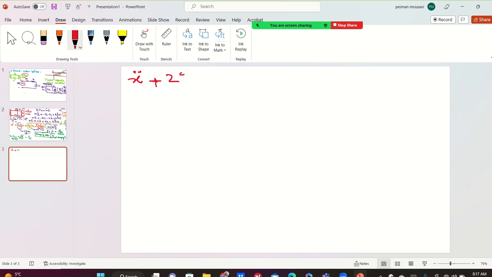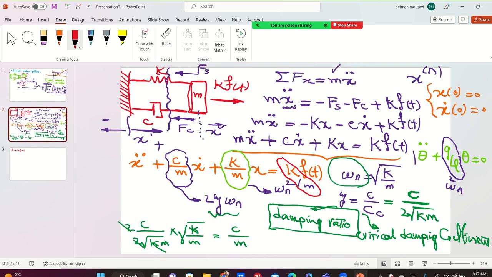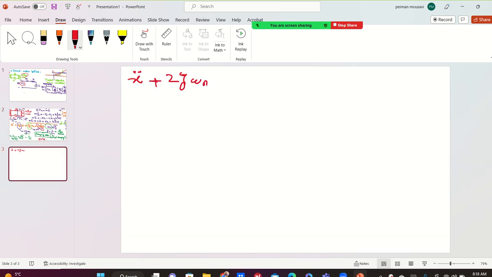It's going to be x double dot plus 2 zeta omega n x dot plus omega n squared x equals omega n squared f of t. Zeta is a Greek letter.